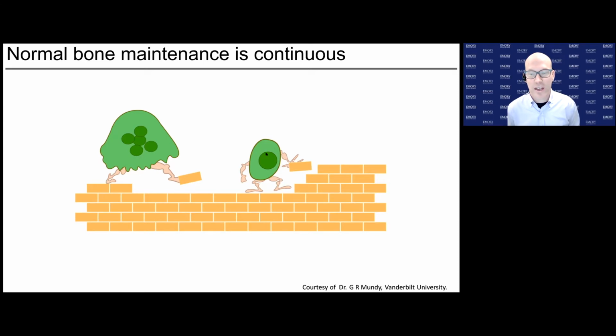The guy on the right is the osteoblast. He's laying down new bricks. And remember, this process of picking up old bone and laying down new bone happens all the time. It happens a whole lot faster when you're 18 than it does when you're 70, but it's still an ongoing process. Your bones are really alive.